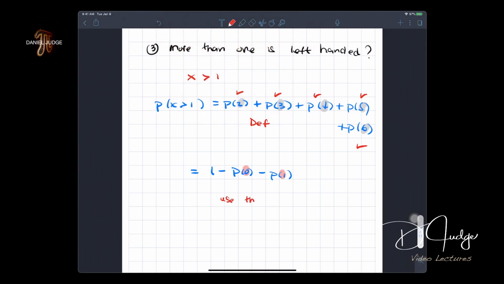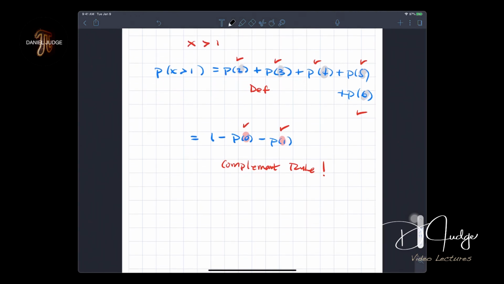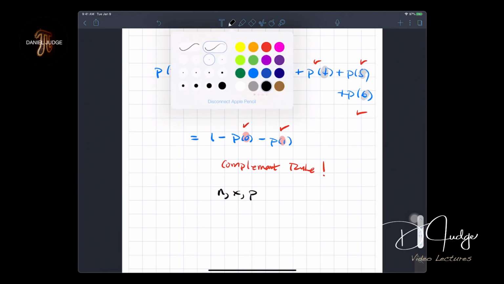So I'm going to suggest again, use the what? Which would you choose? Use your complement rule, because we only have 2 probabilities to determine. So remember, N, X, and P. We need those 3 values.